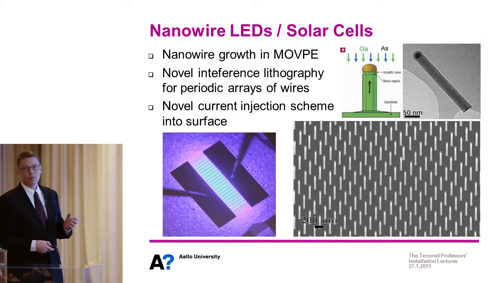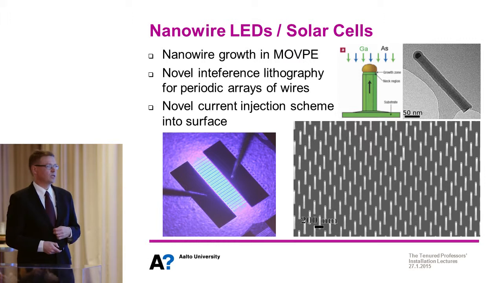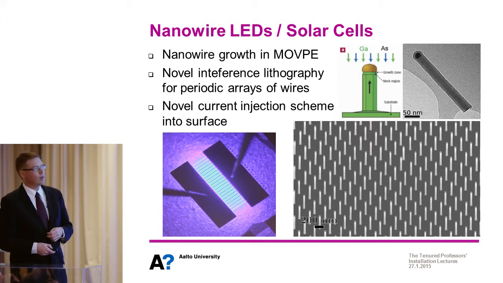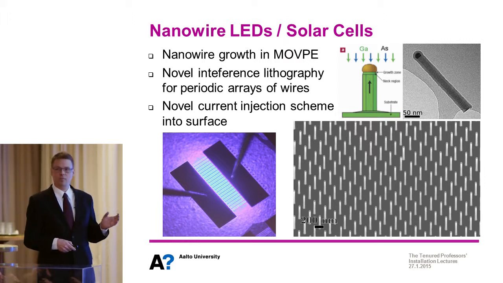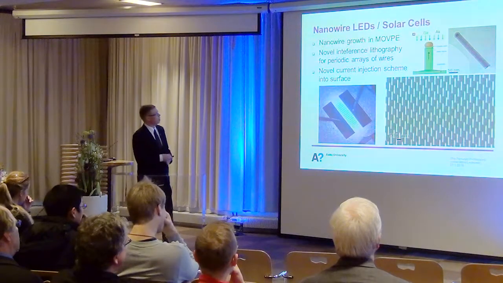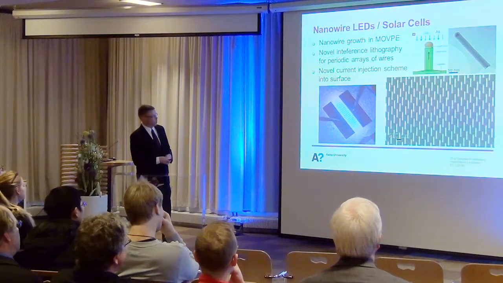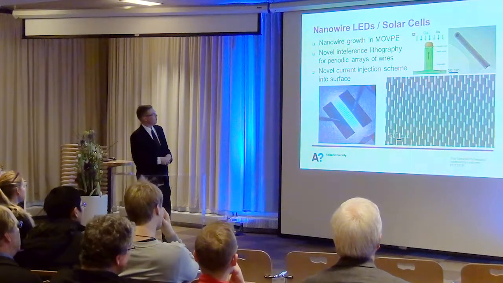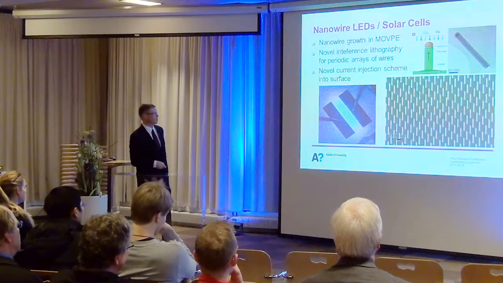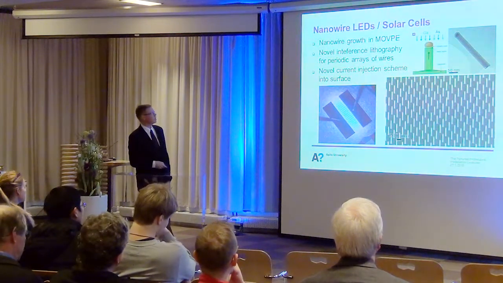And the potential of this technology is not an increase in efficiency, but you consume a lot less material, so savings in materials costs are huge. And we have also developed a new way how to pump these surface structures with a novel electronic injection.